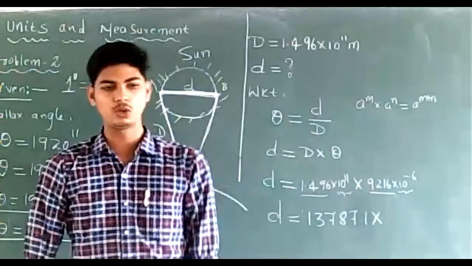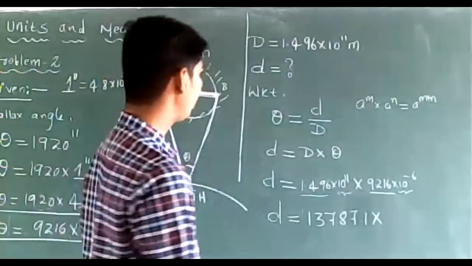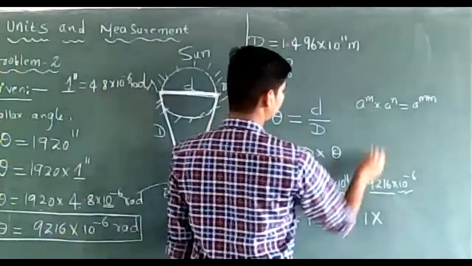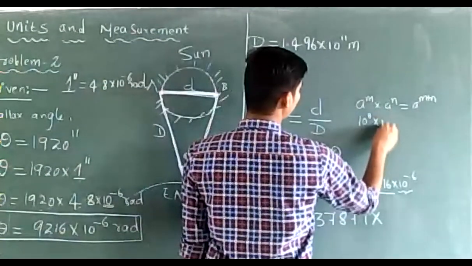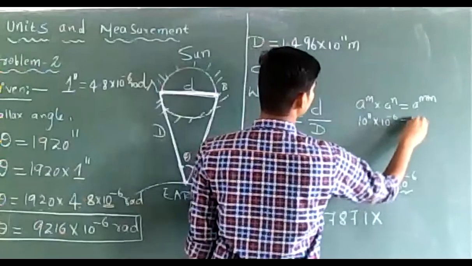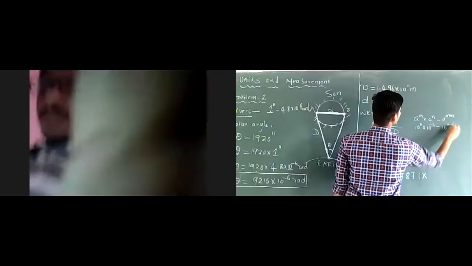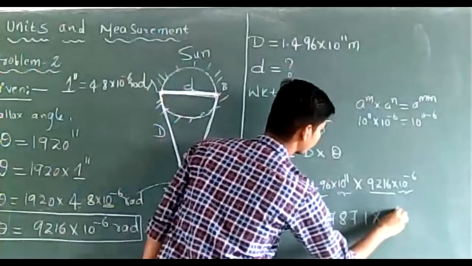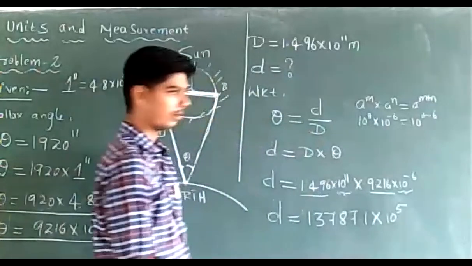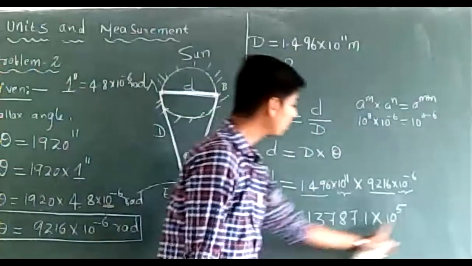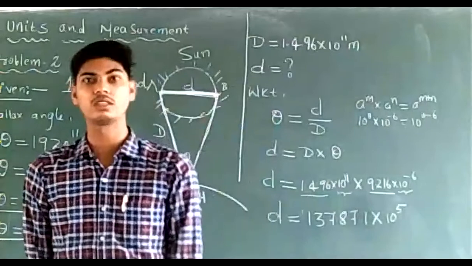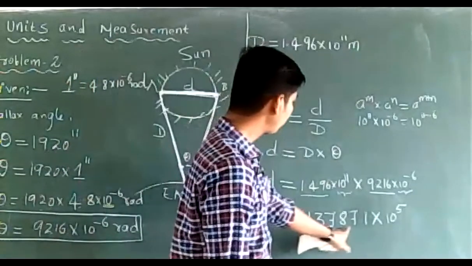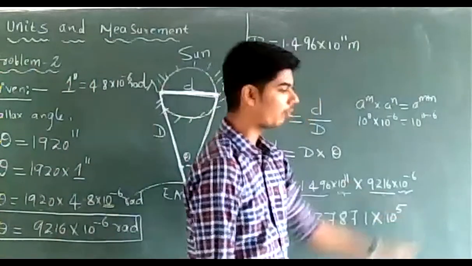So 10 power 11 into 10 power minus 6 is 10 power 11 minus 6, which is 10 power 5. Is this the scientific notation? Observe. It is 13787.1 into 10 power 5 meters.